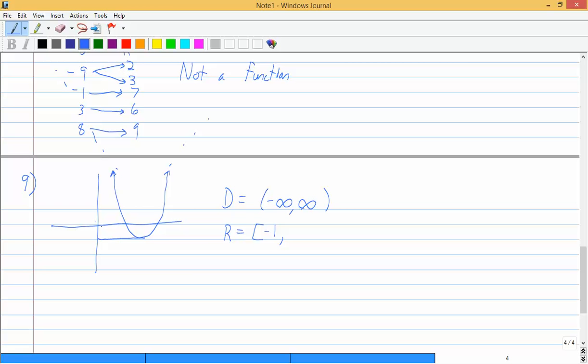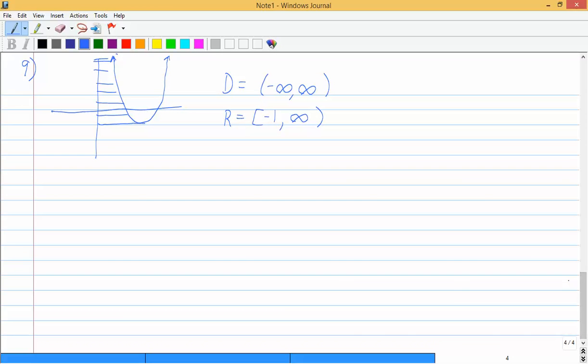Then you can touch the graph as you go up forever, so in the positive y direction that's going to be infinity. So the domain is negative infinity to positive infinity. The range is negative 1 to positive infinity.